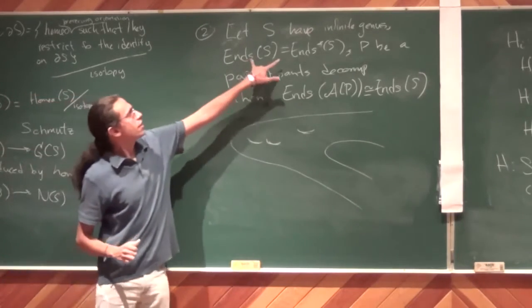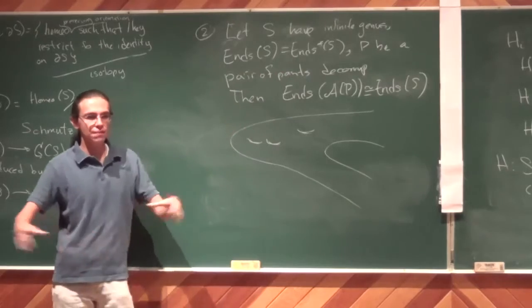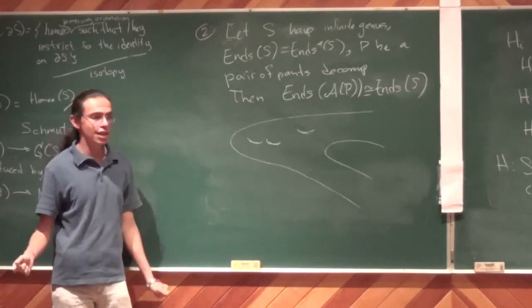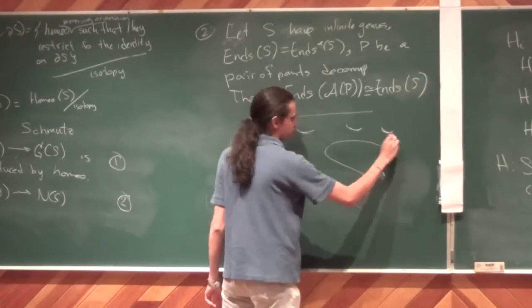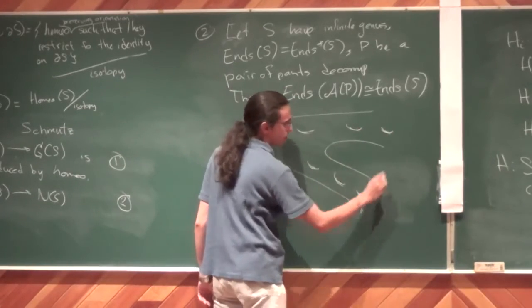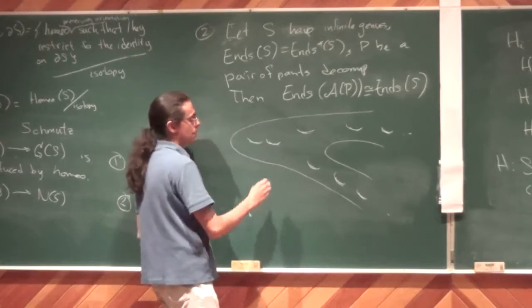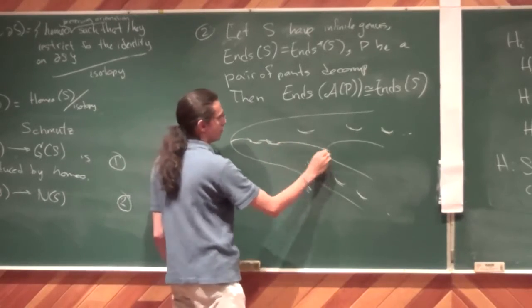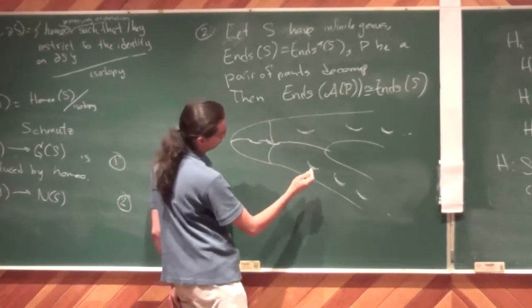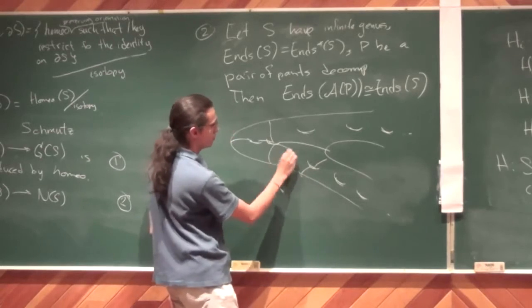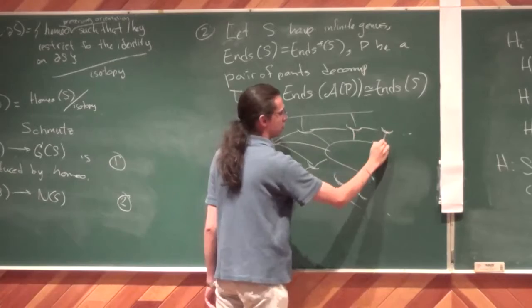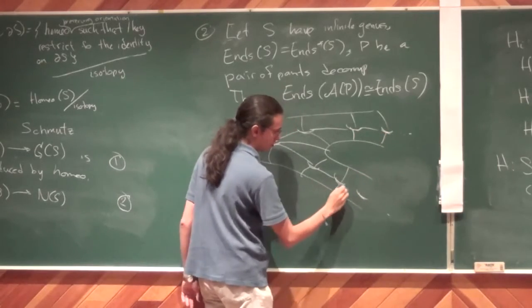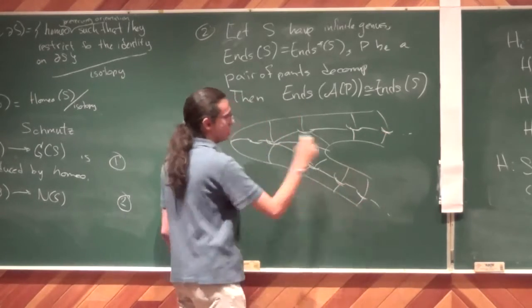Here, what this is telling us is that you have the surface and every end has infinite genus. Okay? You have something like this, which goes on and on and on. Well, you have a curve, a pair of pants decomposition. And so on.